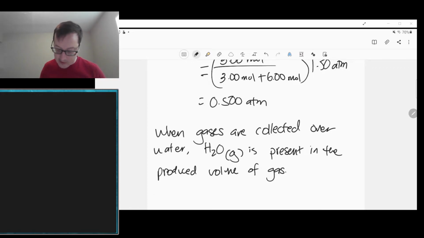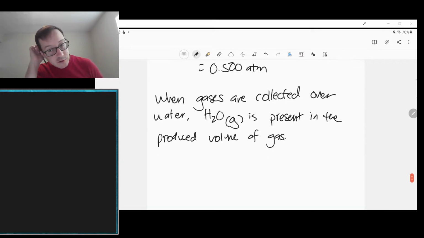And the reason for that is because often, in order to actually do these sorts of experiments, you do them over water. Because water is going to basically prevent other gases from coming in. So if we want to see how much gas is produced by a reaction, we do that reaction underwater.